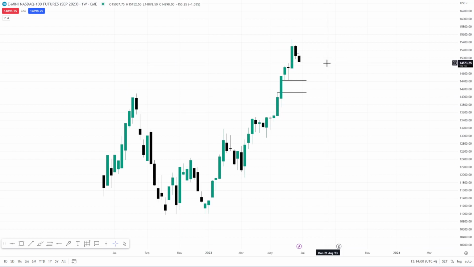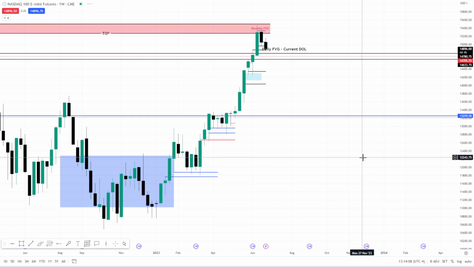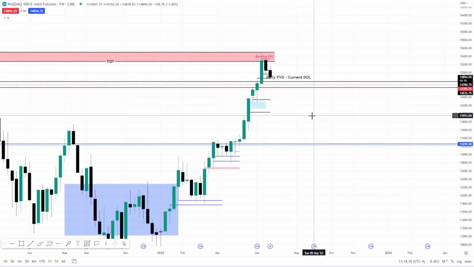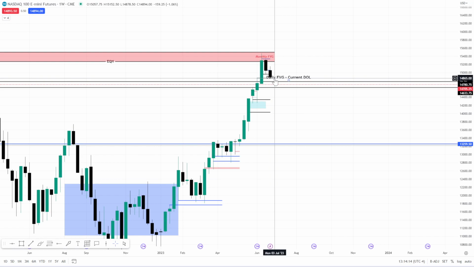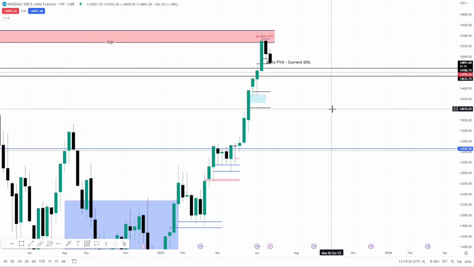So then I would expect that initially there might be some reaction hitting this level. And if it closes the fair value gap, which it looks like we're about to do here, we would see some sort of initial reaction.